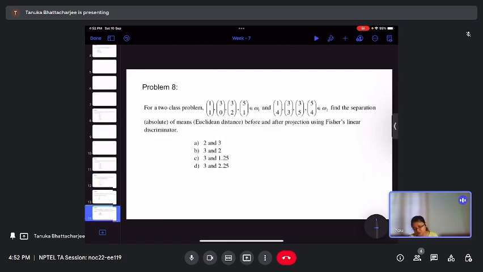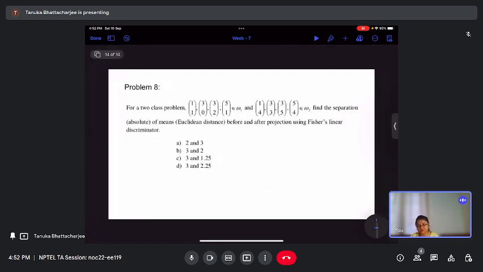Now, let us move on to the last problem of today's session. So, for this 2 class problem, we have already found out the projection direction. Okay. So, now this question is asking to find the separation or the absolute value of the means, or Euclidean distance, before and after projection using Fisher linear discriminator.